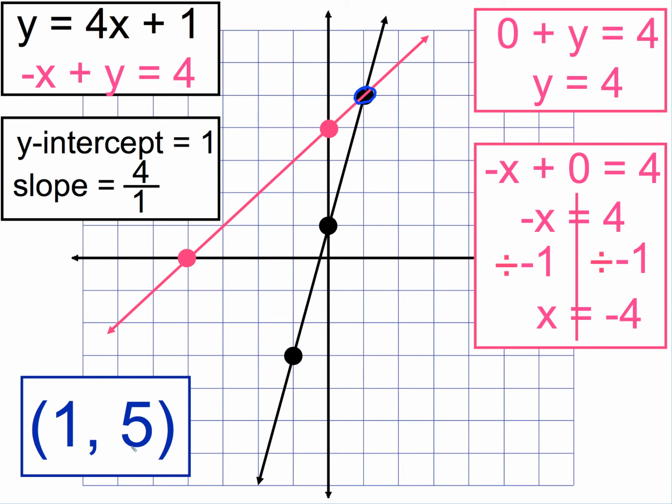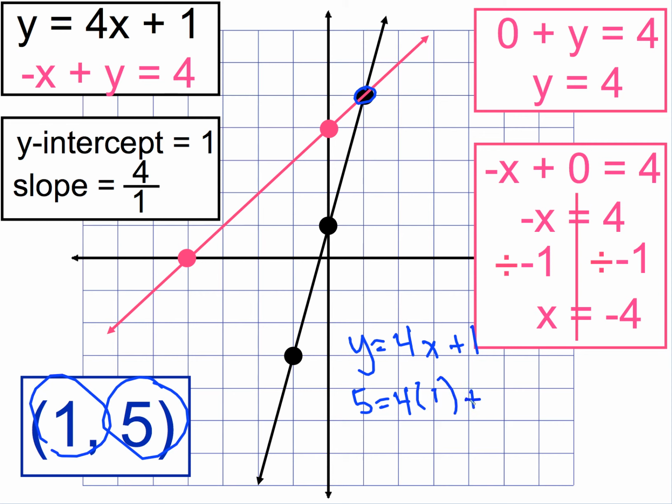What that means is this ordered pair is the only solution for both of these equations. Let me show you what I mean. y equals 4x plus 1. If I plug in 5 in place of y and then 1 in place of x, this should be a true statement. Well, obviously on the left we just have 5, and then on the right 4 times 1 is 4 plus 1 is 5. 5 is equal to 5, so it works for that first one.